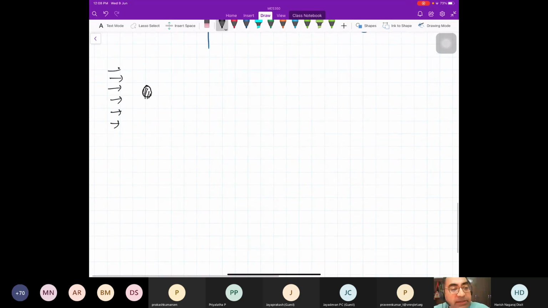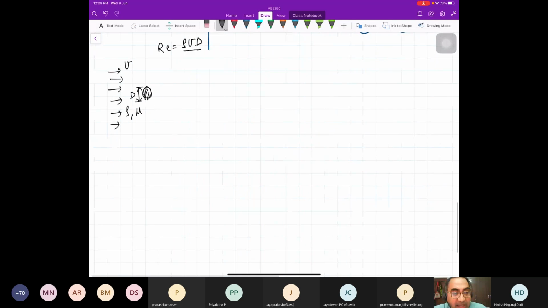Now, if I know the velocity, if I know the density of the medium and the viscosity of the medium, and if I know the size of the body, let's say I call it D, I can come up with a number, the Reynolds number, which is rho u d by mu. It tells you the ratio of inertia to viscosity.